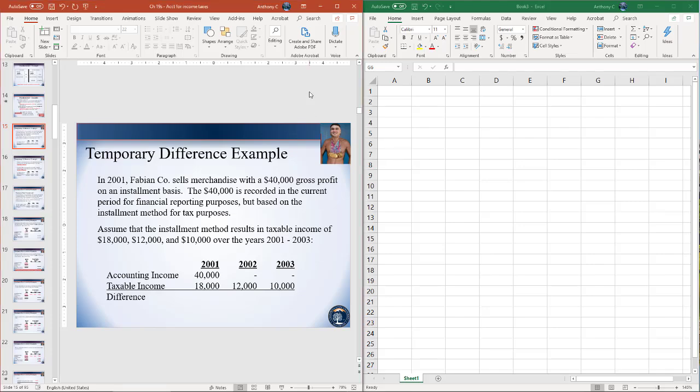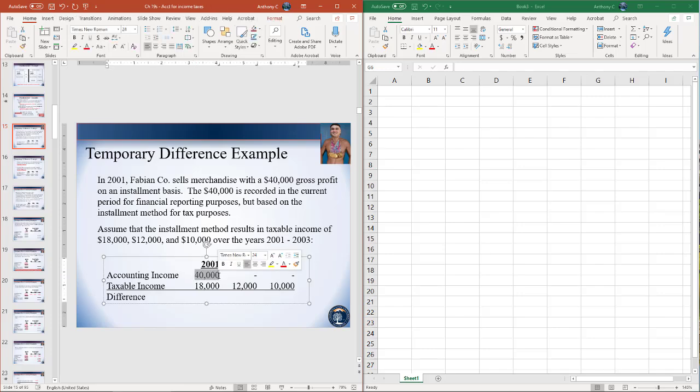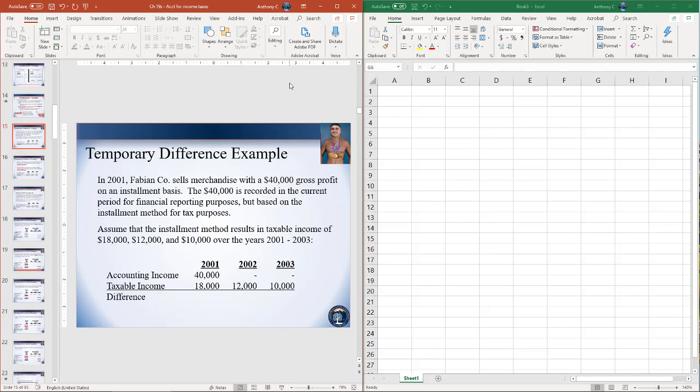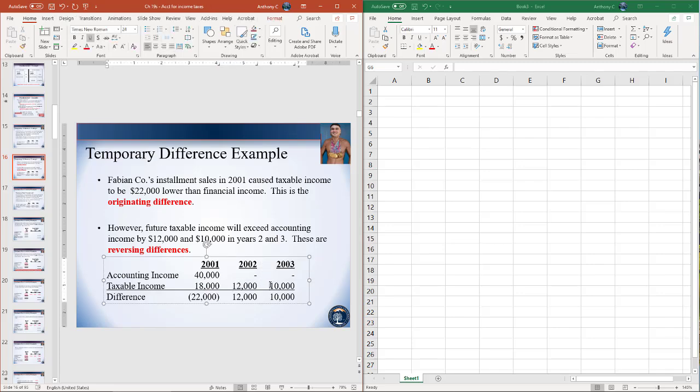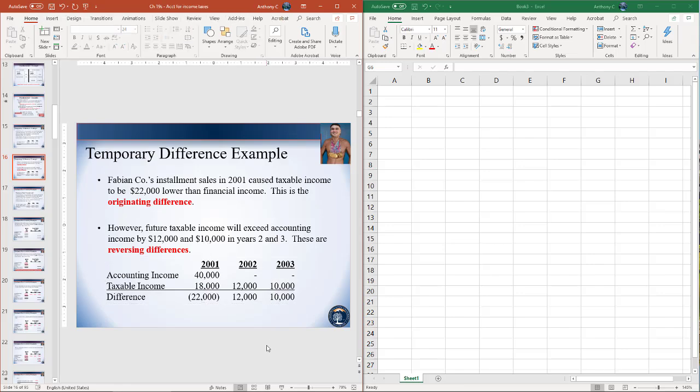So in this case, we have this merchandise sale. It's causing accounting income to be $40,000 in 2001 and taxable income to be $18,000 in 2001. This is what's known as an originating difference. Right? After the originating difference, since everything's going to be taxed at some point, the difference is going to be reversed. So when the company actually receives the cash of $12,000 in 2002 and the $10,000 of cash in 2003, these are what are known as reversing differences.